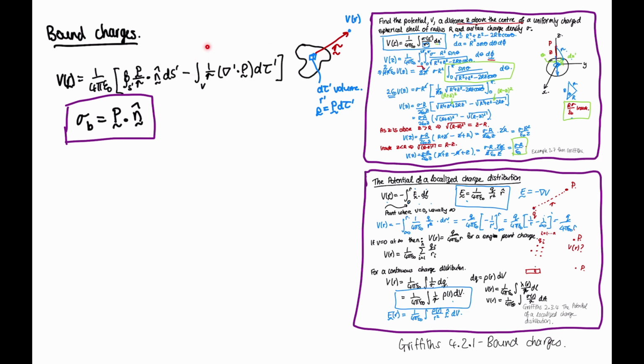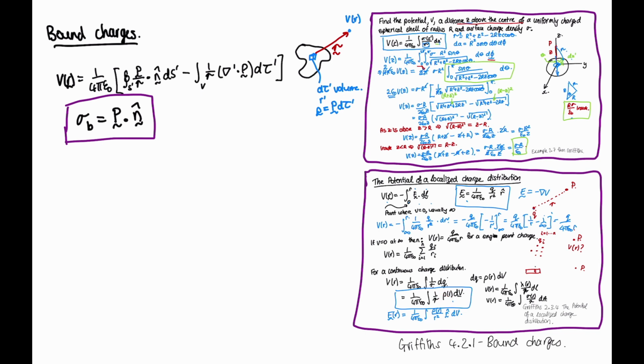And considering the second part of the equation here, where we've got the volume integral and we're taking the divergence of the polarization, this has a very similar format to the equation down here, which was our equation for the potential of a continuous charge distribution with a charge density rho.